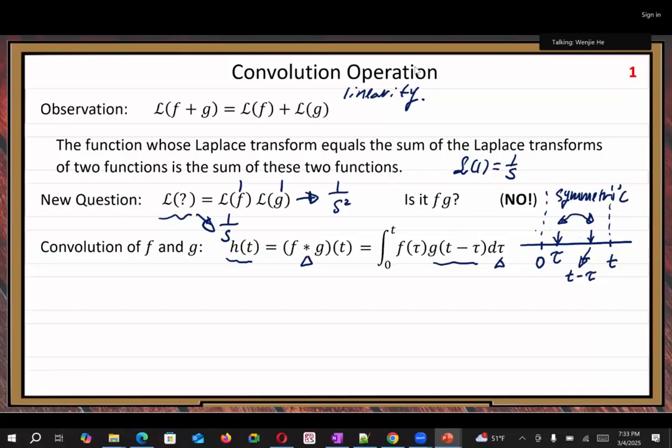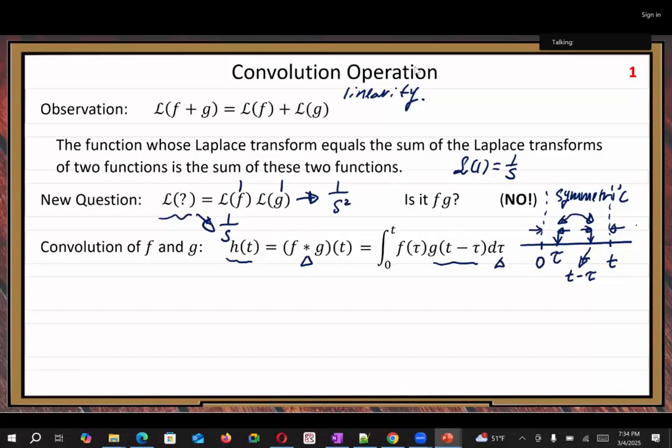The distance between the first point and the left end is the same as the distance between the second point and the right end point. So you can see the symmetric structure used here.